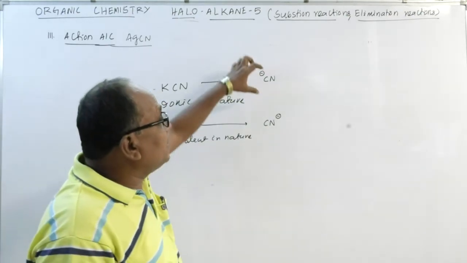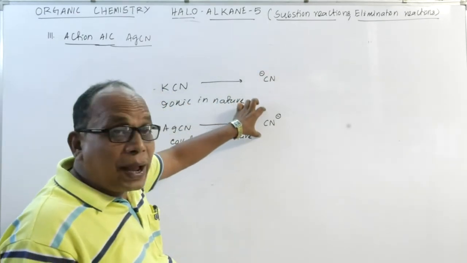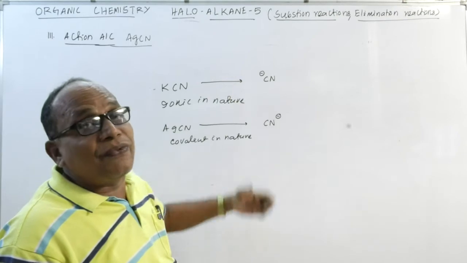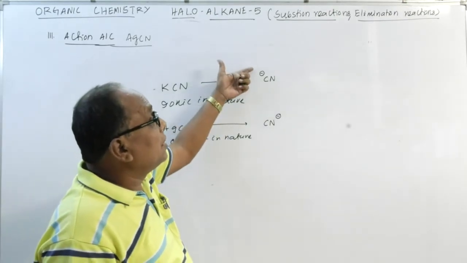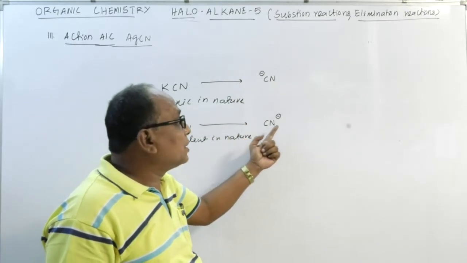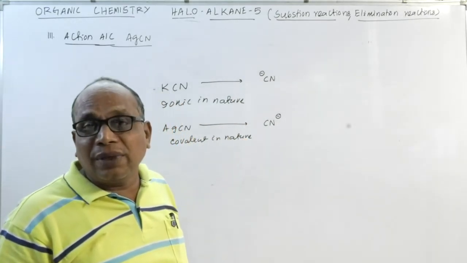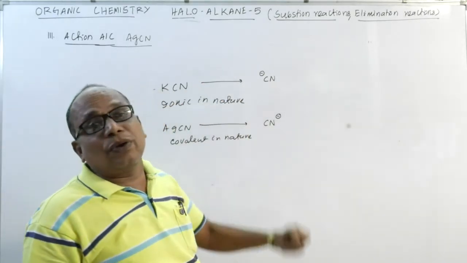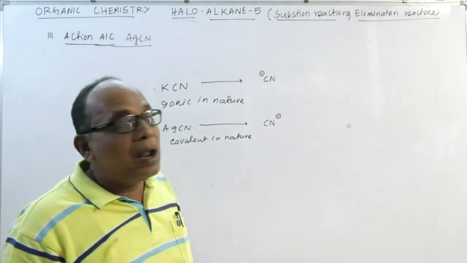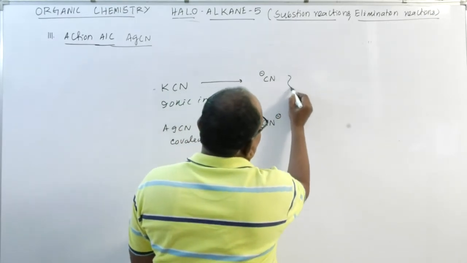This has the same molecular formula, but the charge is different. The negative charge is possessed by the carbon atom here and by the nitrogen atom there. That's why this type of nucleophile is known as an ambident nucleophile.